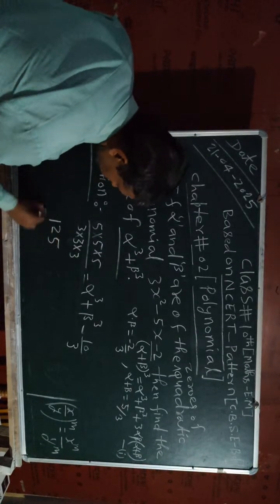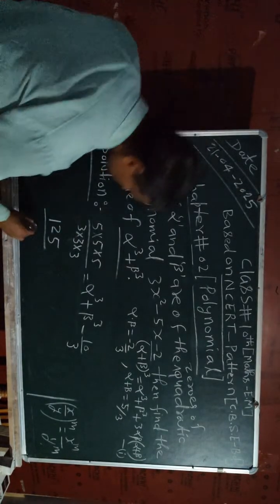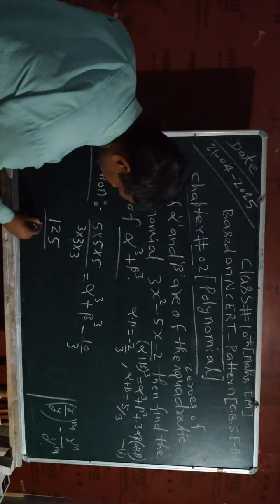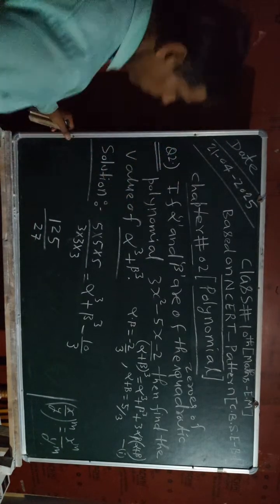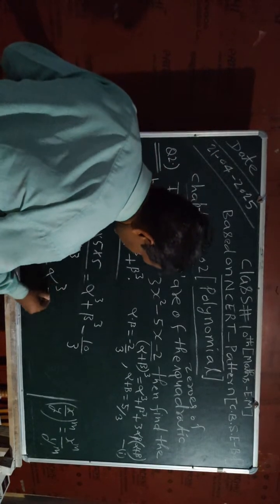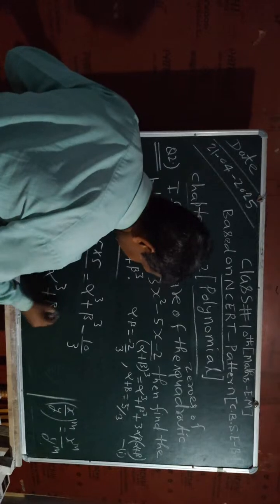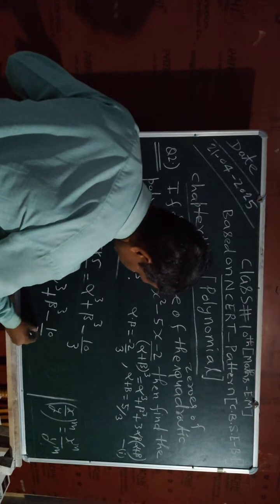I will write 125. 3 threes are 9, 3 nines are 27. Here I will write in the right hand side alpha cube plus beta cube minus 10 divided by 3.